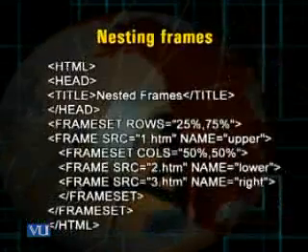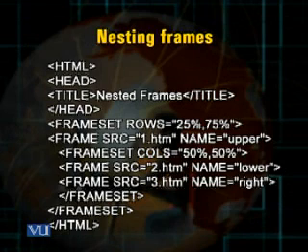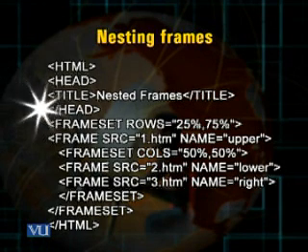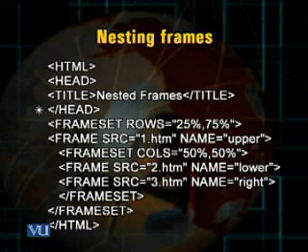Let us see what is the code behind these frames. As you can see, after the closing of the head tag, there is the frameset tag, and first of all I divide my web page horizontally. I use the rows attribute, keeping the values 25%, 75%. That means that the page should be horizontally divided into 25% and 75%.